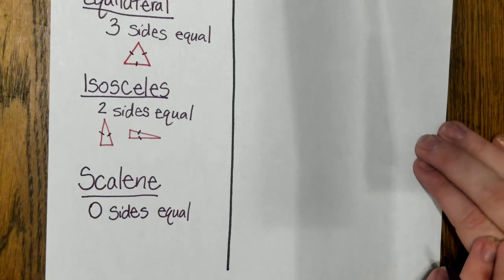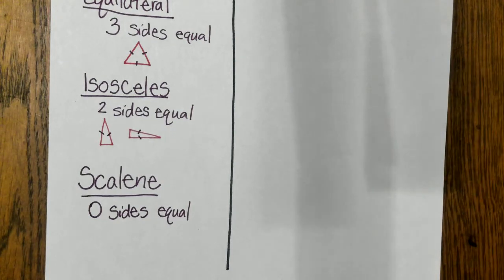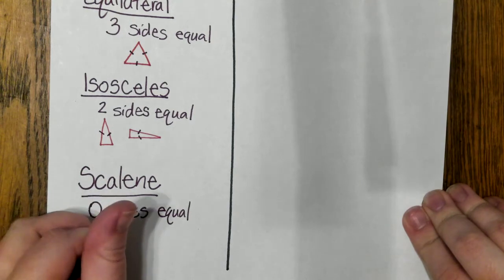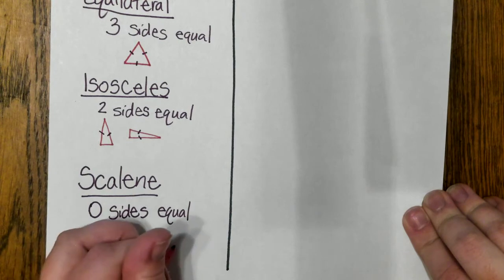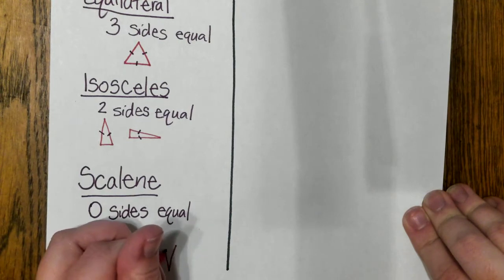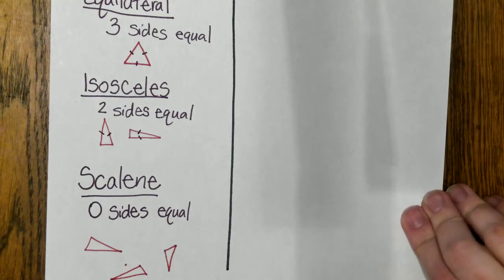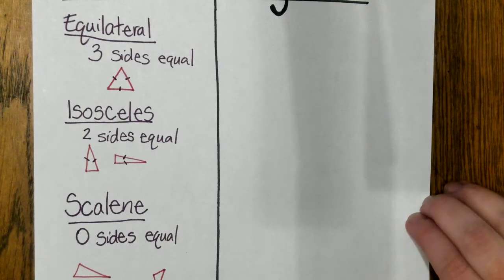It still has 3 sides, but each side is a different length. So, a scalene triangle would look like this, or something like that. This is how we classify triangles based on their sides.